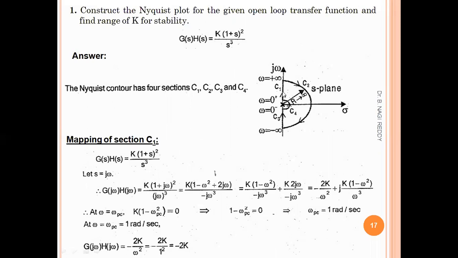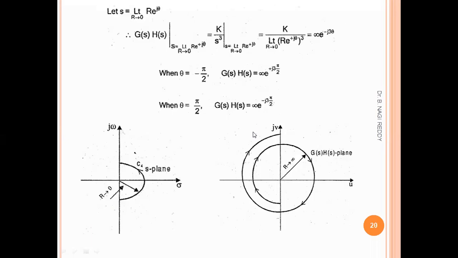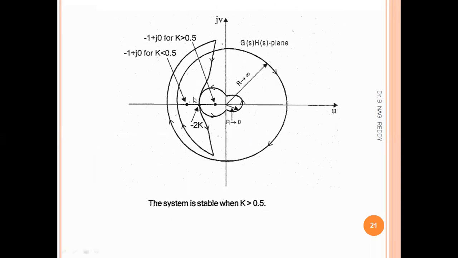See, it is starting here and traveling, and it is coming to 0 again. It is starting at 0 and coming to 0. So it is forming a loop. That means our output final G of S H of S plane also needs to form a loop. So it has started here and ends here.